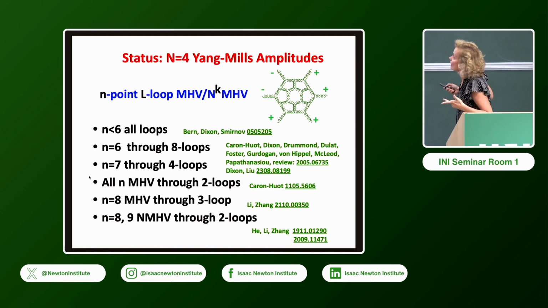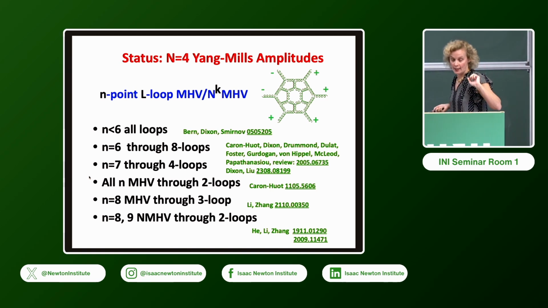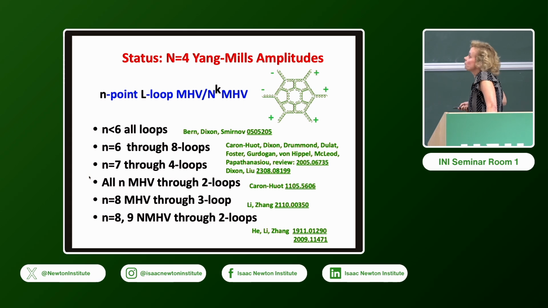So n, L, and K. Where do we stand? The amplitudes for four and five points, due to dual conformal symmetry, are known to all loops due to the work of Bern, Dixon, and Smirnov from 20 years ago. Now, interesting things start appearing at six points, and so this is the result.